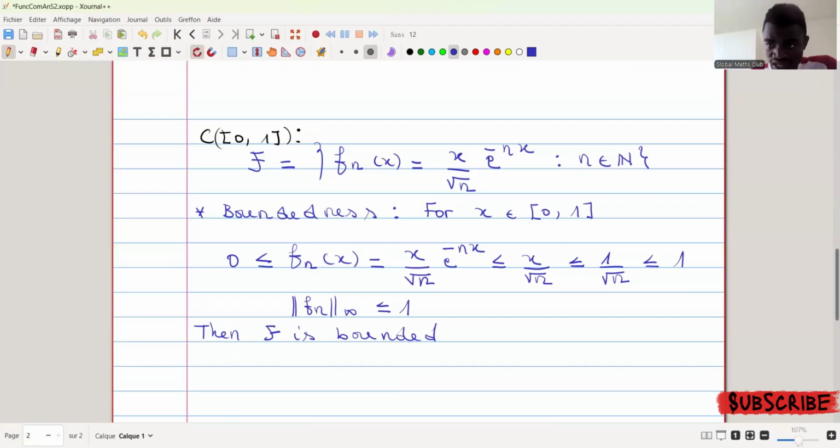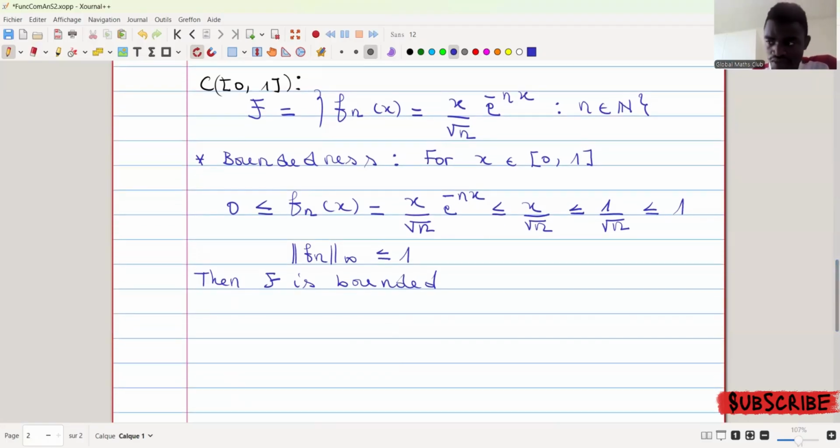And we have to move to the last step, which is the equicontinuity. You know the definition of equicontinuity. Another way to prove the equicontinuity is to use the Lipschitz continuity definition or idea.